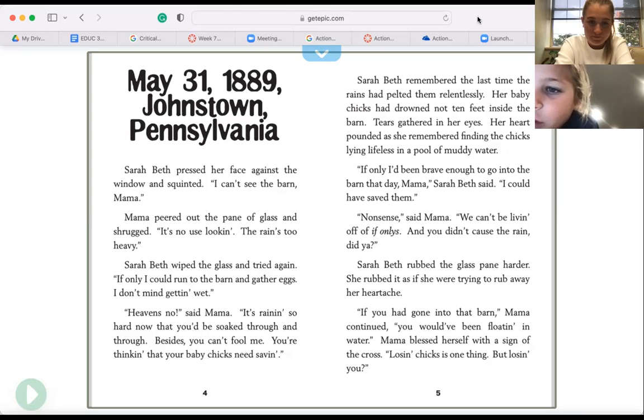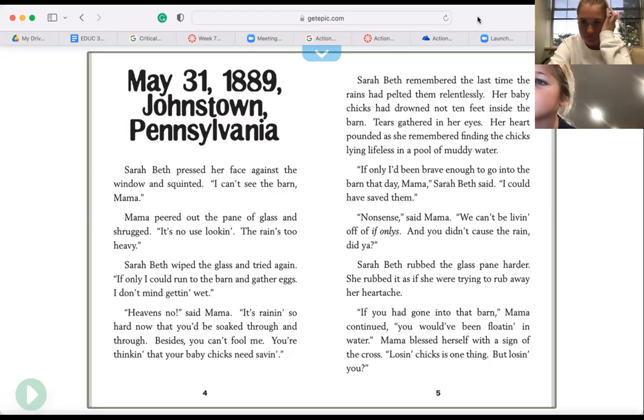Besides, you can't fool me. You're thinking that your baby chicks need saving. Sarah Beth remembered the last time the rains had pelted them relentlessly. Her baby chicks had drowned not 10 feet inside the barn. Tears gathered in her eyes. Her heart pounded as she remembered finding the chicks lying lifeless in a pool of muddy water.